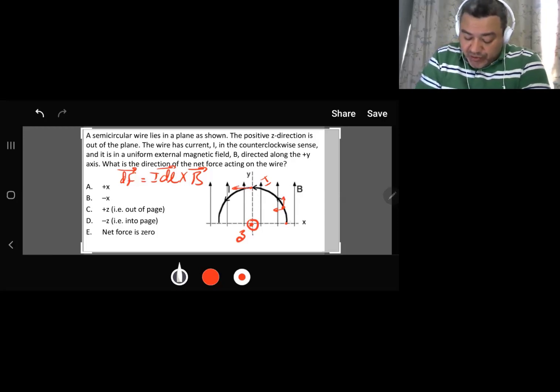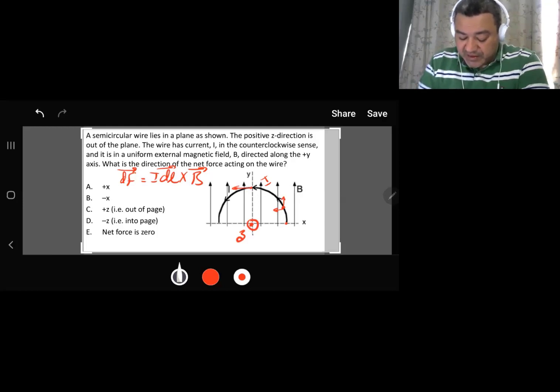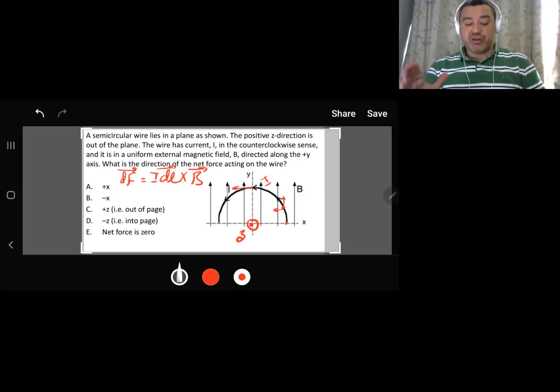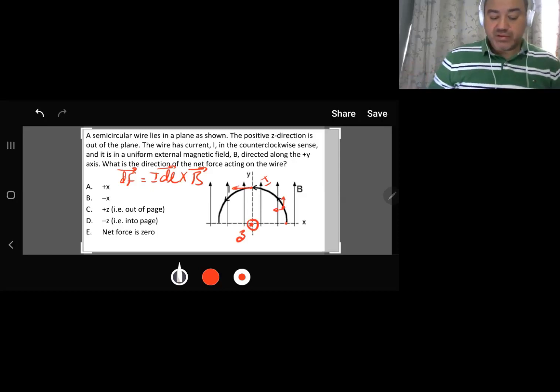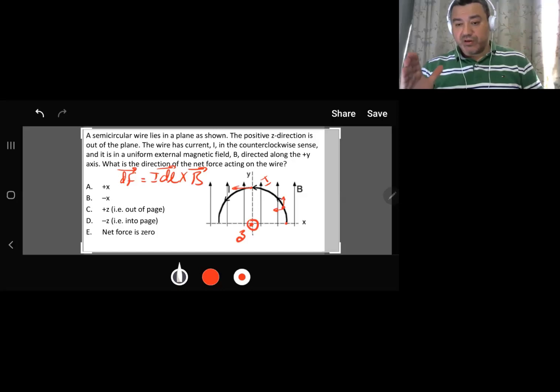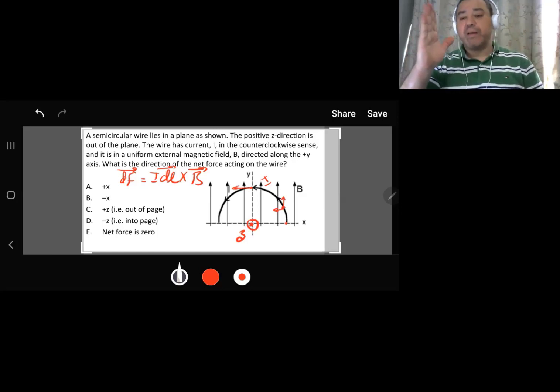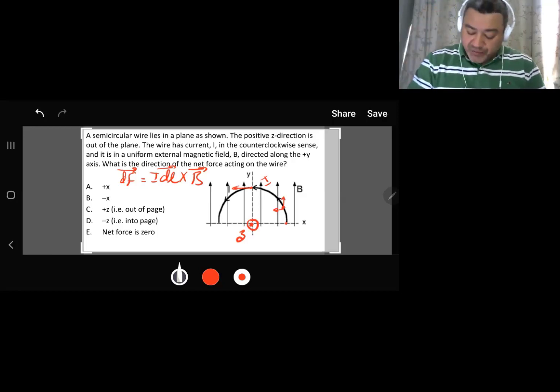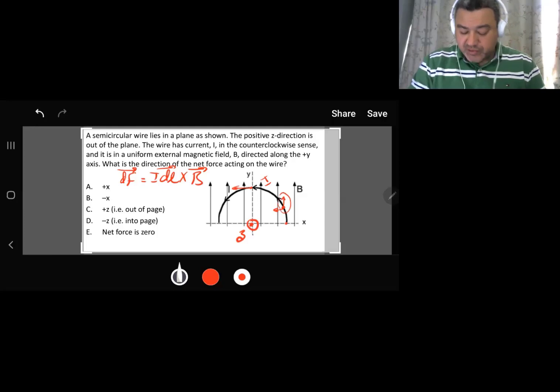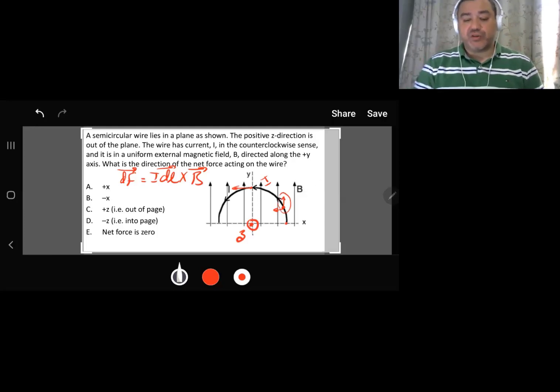So during this path, half of this semicircular shape, I have my direction going this way, which means at any point in between, I have a vertical and a horizontal. The vertical one is parallel to the magnetic field, so it is going to contribute zero magnetic force.